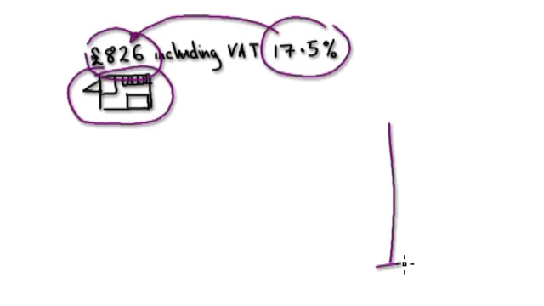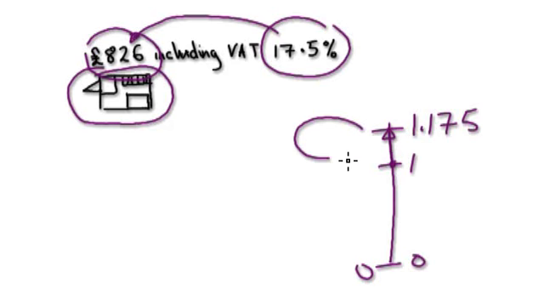So if you draw the diagram, it would look like this. When you add VAT, it will take you to this level here, and the final price is this £826.